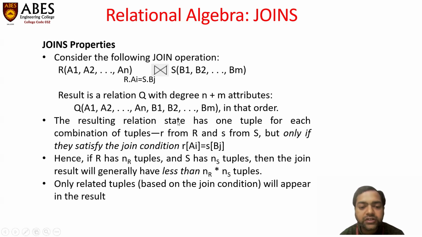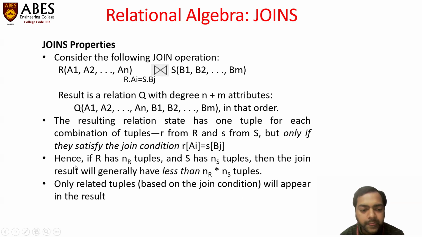Now the resulting relation state has one tuple for each combination of tuples r from R and s from S, but only if they satisfy the join condition. We have discussed in this scenario that while applying the join operation onto these different relations, at least one column in both the relations must be the same. Then only you can apply join operator.